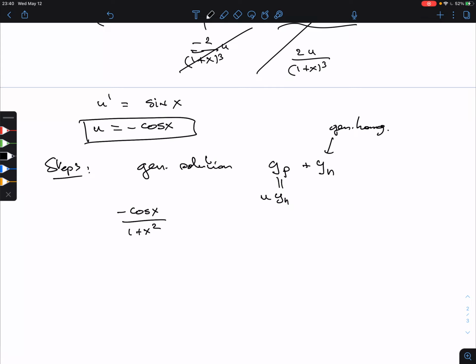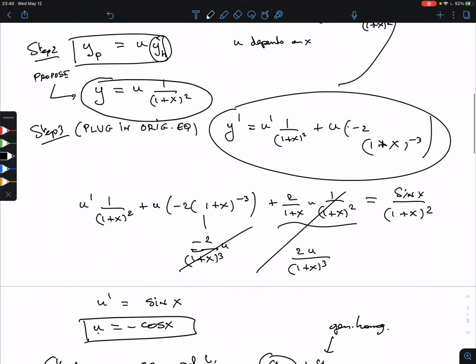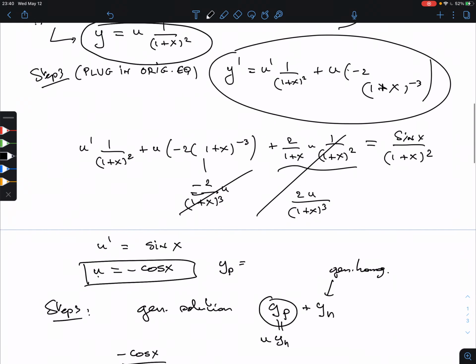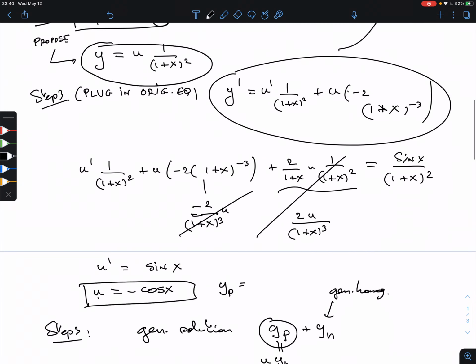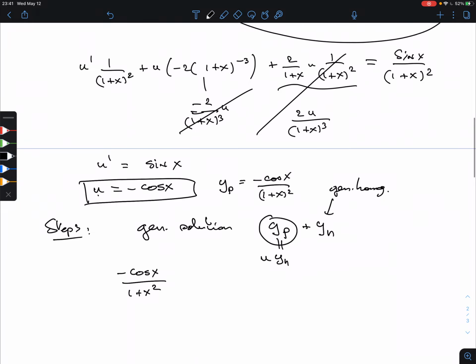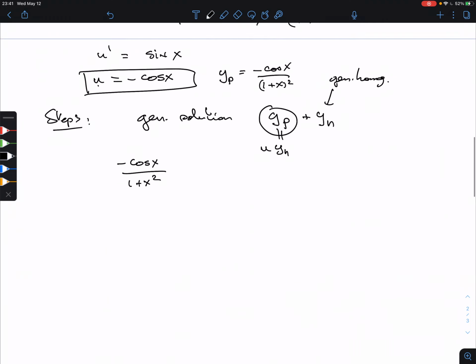So this is not u. U is just an auxiliary variable, because the particular solution, let me make it more clear, is this. So we have minus cosine x over 1 plus x squared. Multiplying, of course, I can write it this way.